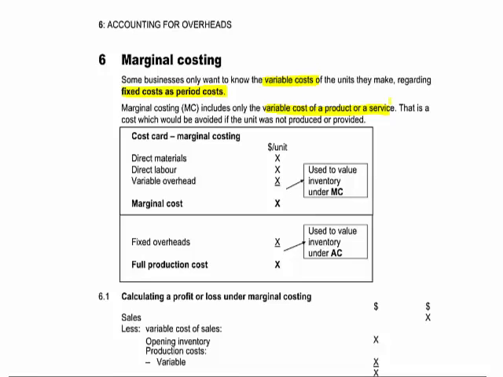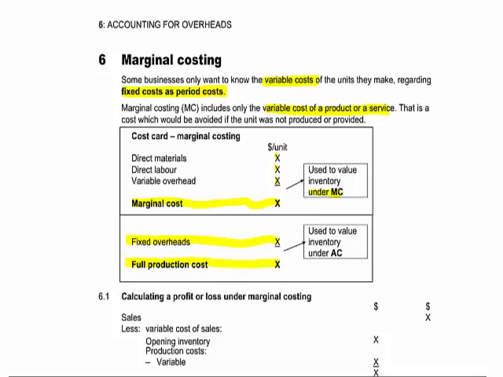So under marginal costing, we just take the direct materials, labour and overheads to give us the marginal production cost. And that's what we use to value inventory under marginal costing. So it doesn't go as far as absorption costing, but we have popped that here just to show you the extra step.